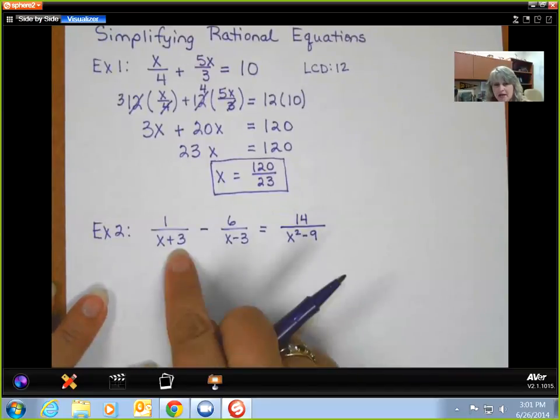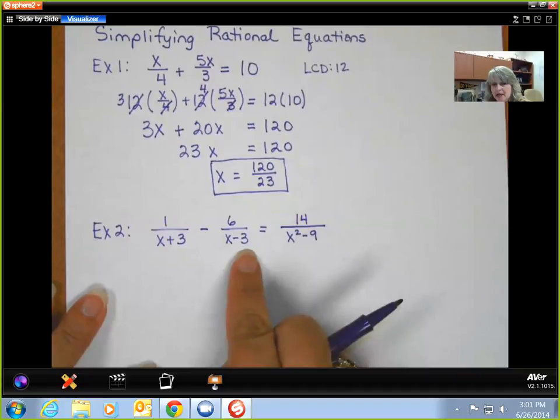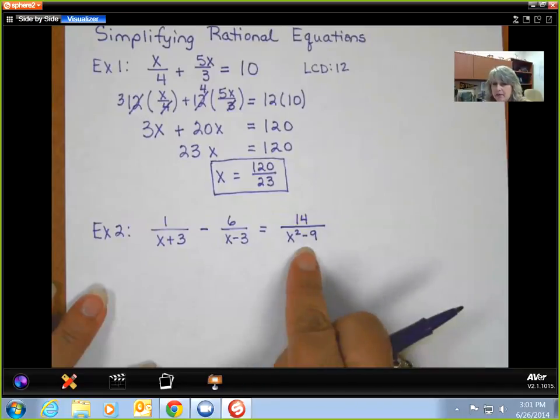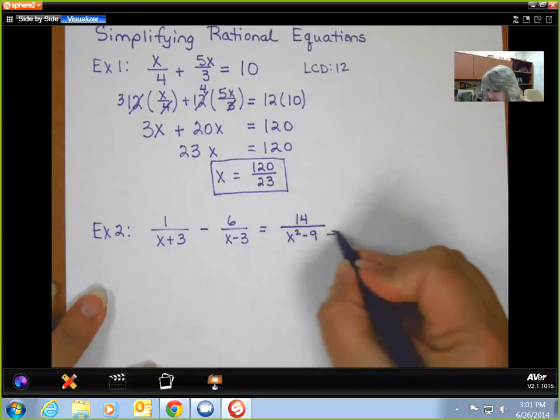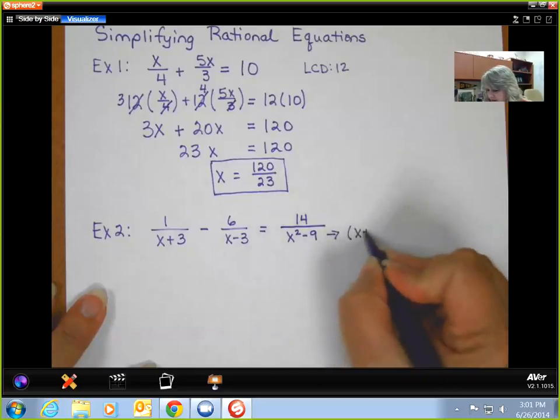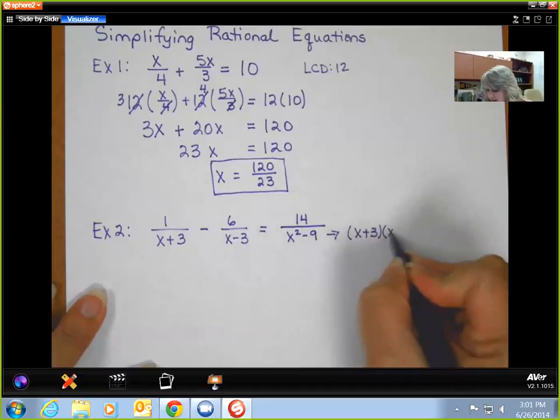All right, now let's get to one that's a little bit more difficult. This time we have x plus 3, x minus 3, and x squared minus 9 as our denominators. Now, anytime that you have a polynomial in the denominator, you always want to make sure that it's factored out completely. The x squared minus 9 is known as a difference of squares. This is really x plus 3 times x minus 3.